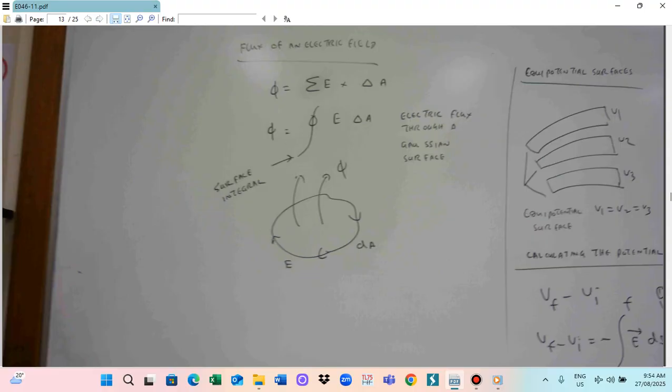Here it is the integration of E multiplied by A. So this is the surface area that we can calculate, the whole area. The flux coming out is phi. So this is the E, and this area is dA.